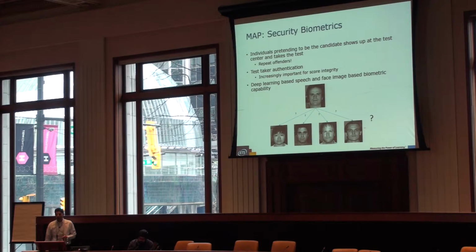The final capability in MAP is security biometrics. This is in part driven by the desire to deter cheating. In this case, we have the potential to capture a second level of data of the particular candidate.